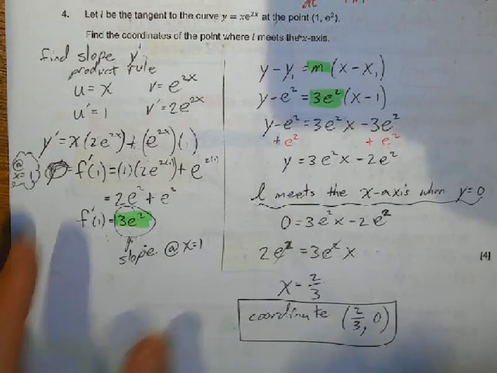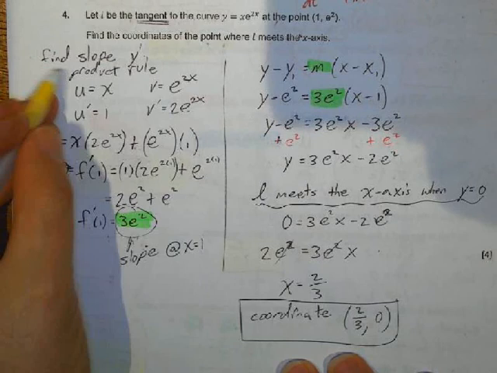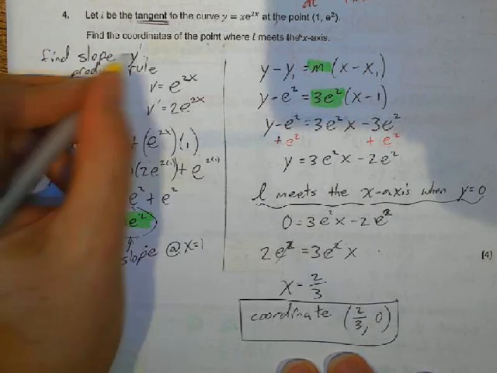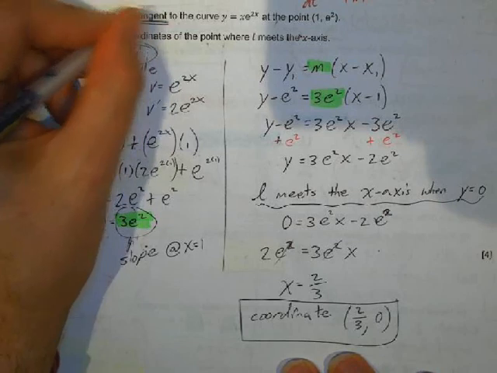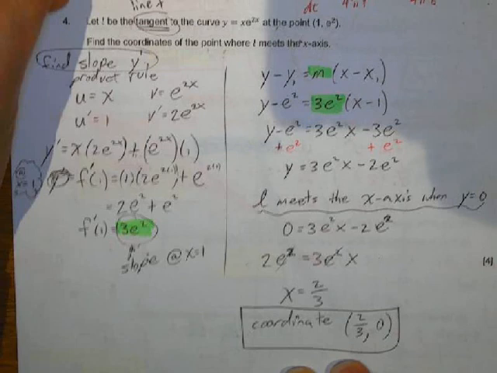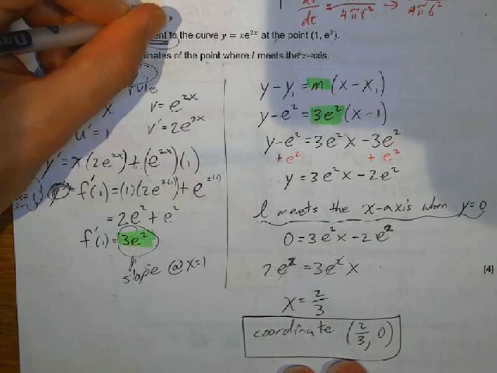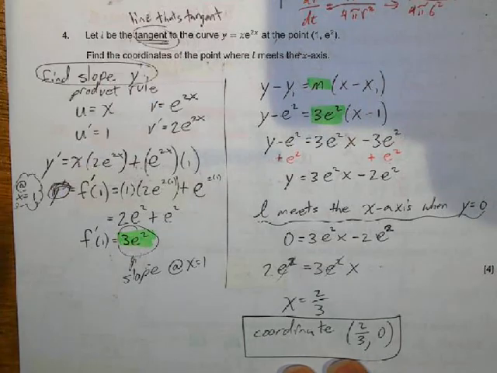Okay, so in order to find a tangent, we need the first derivative. We need to find the first derivative. And this is a tangent line. They want the line that's tangent. So we're trying to find the line that's tangent.